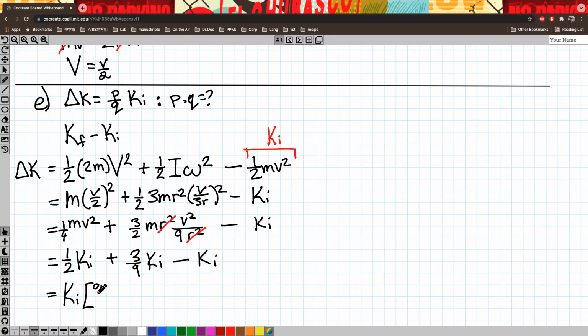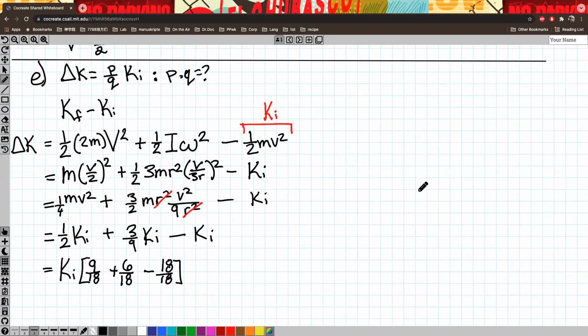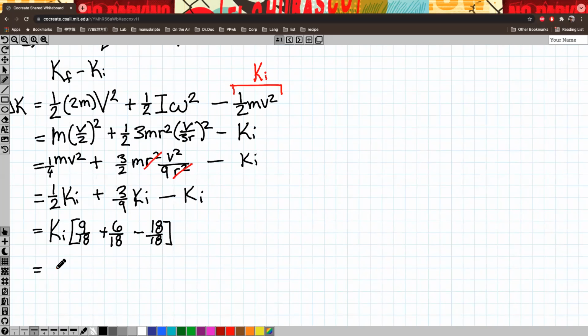This is going to be 9 over 18 plus 6 over 18, so 15 over 18, minus 18 over 18, right? So 15 minus 18, negative 3 over 18. And then that can be simplified even more, right? Yeah, negative 1/3 Ki. Excellent. So your p is equal to -1 and your q is equal to 3.